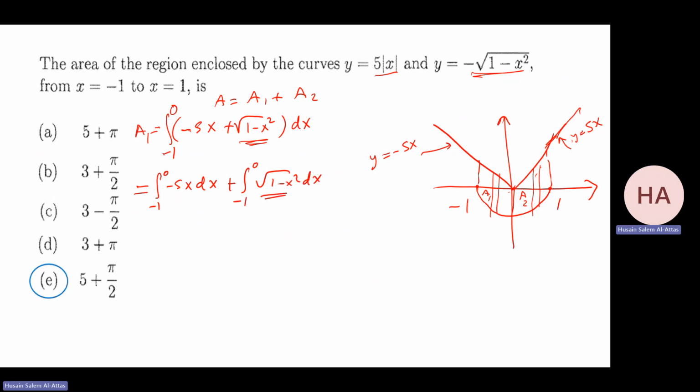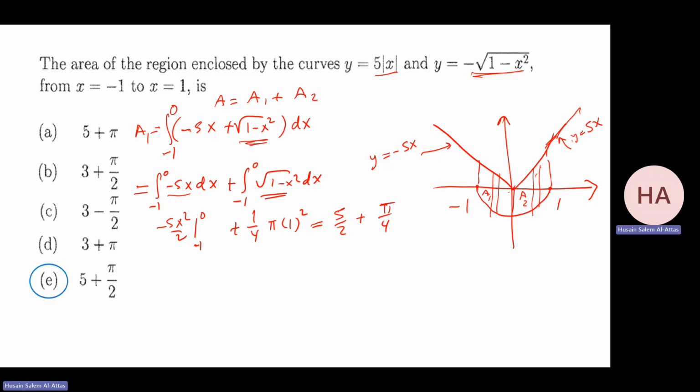I know this is a quarter circle, so this is 1/4 pi r squared, which is 1 squared. And the first one, minus 5x squared over 2 from minus 1 to 0, gives me 5 over 2, plus pi over 4.